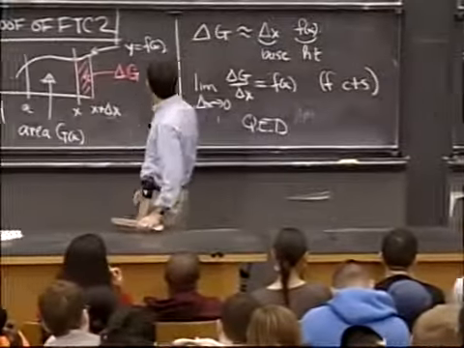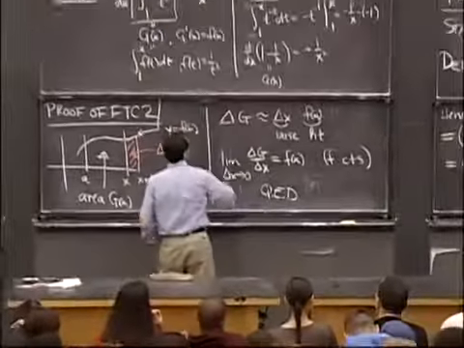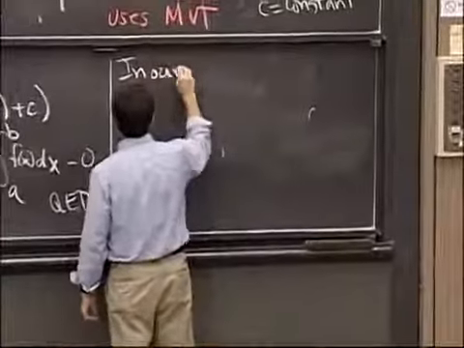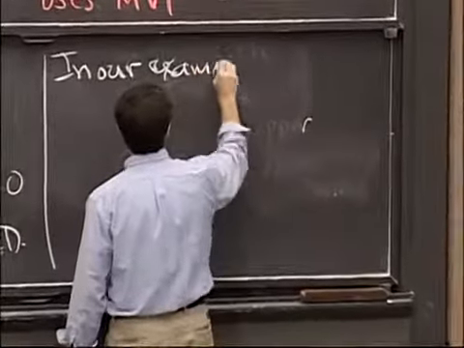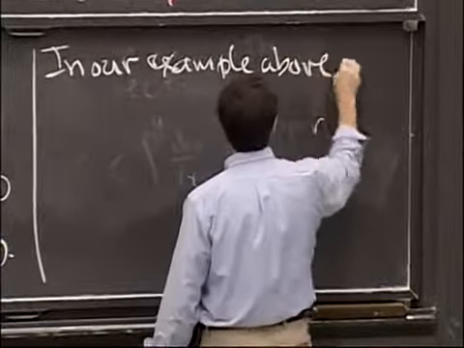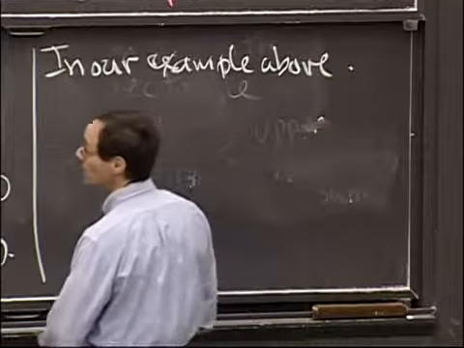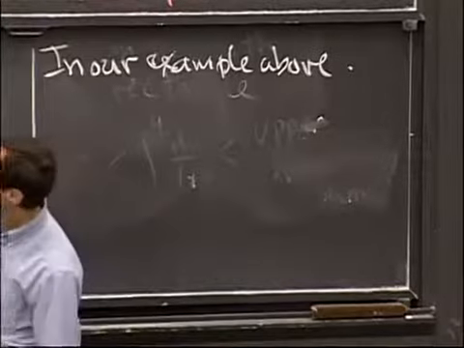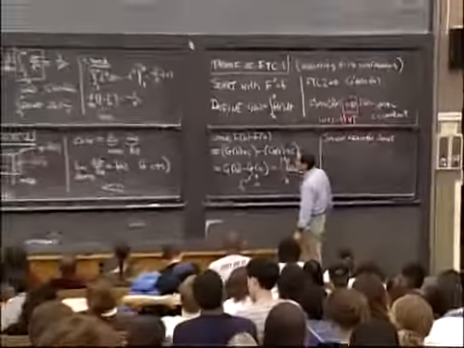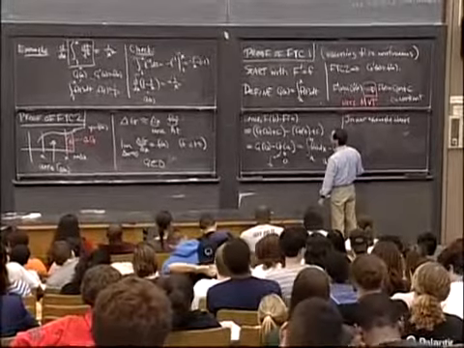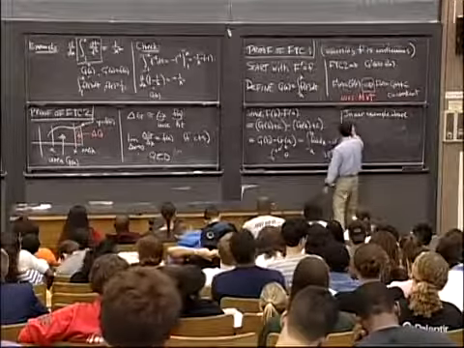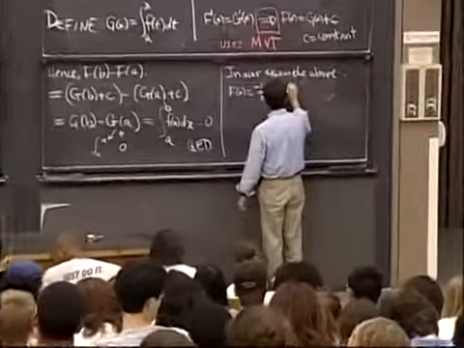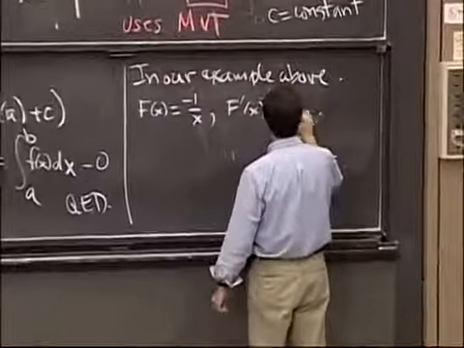Okay. So let me just notice that in the example that we had, before we go on to something else here, what we had was the following thing. Say f of x is equal to minus 1 over x. So f prime of x is 1 over x squared.